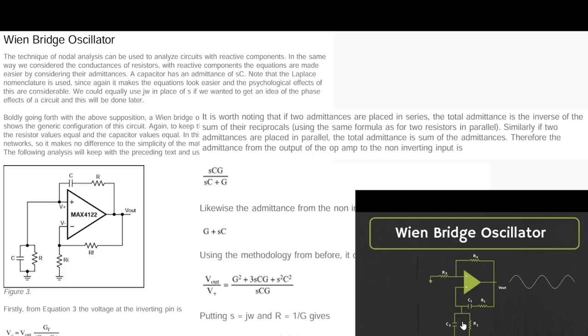So in this particular case, as you can see, there is no input signal, but because of this RC component here and the RC as a feedback, you can get the harmonic sine wave at the output. Okay. So the technique of node analysis can be used.